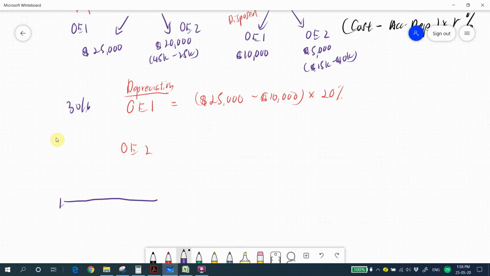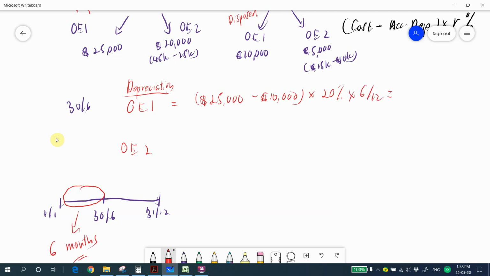Assuming this is a timeline from 1st of January up to 31st December, the company used the asset up to 30th June. It means the period that we use the asset starts from 1st of January up to 30th June, so the number of months is 6 months. So times 6 divided by 12.